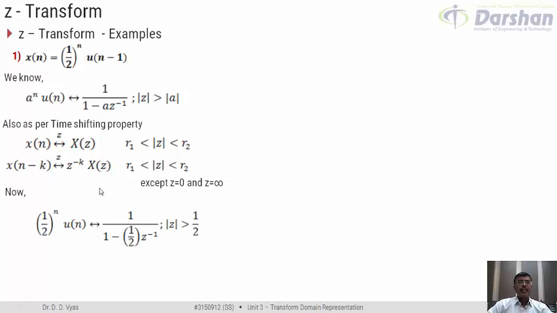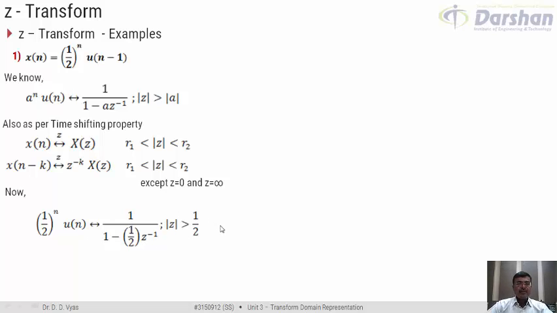So now, in light of both the things that we have discussed here, if we have a term like 1 by 2 raised to power n u of n, then from this standard Z transform pair we understand that its Z transform would be 1 upon 1 minus 1 by 2 z inverse with mod z greater than 1 by 2.